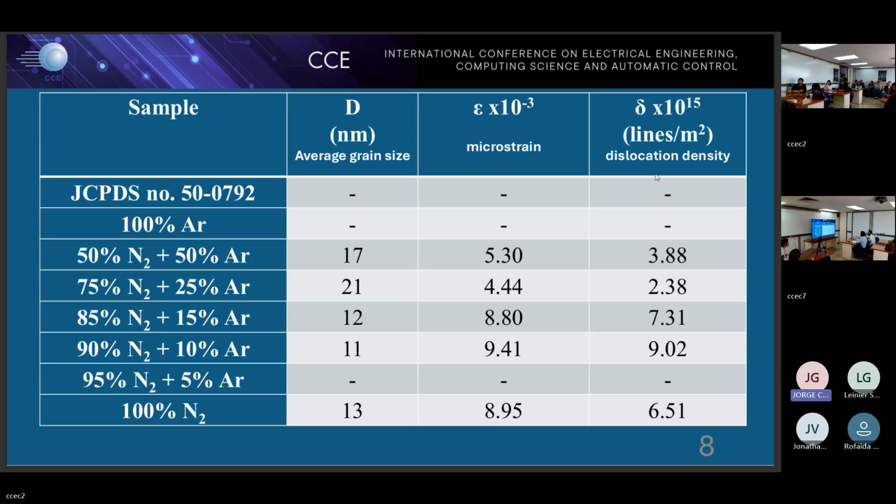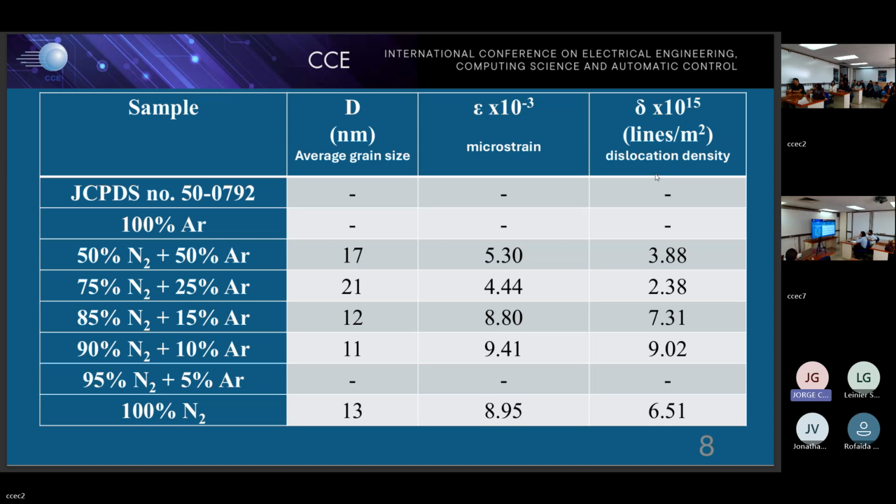With the XRD data, we calculate the microstrain, the dislocation density and the average grain size. The best results are for 75% nitrogen, with 221 nanometers average grain size.